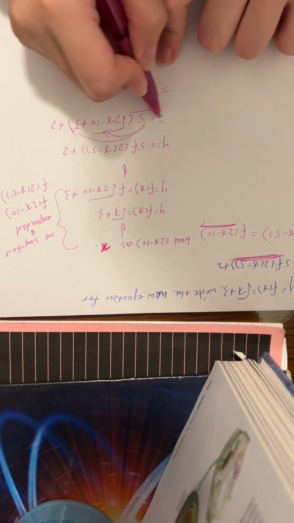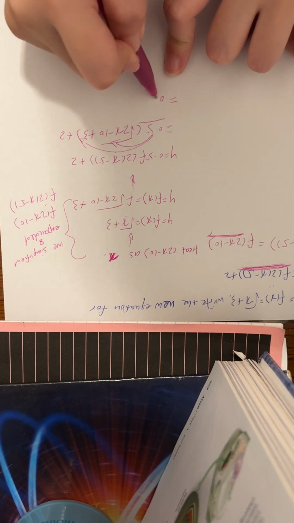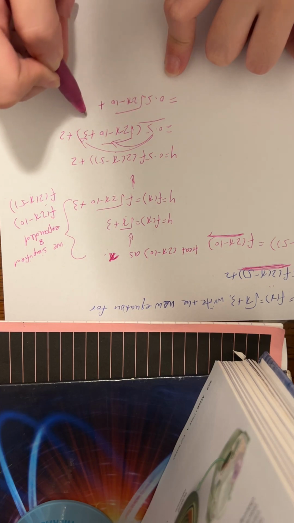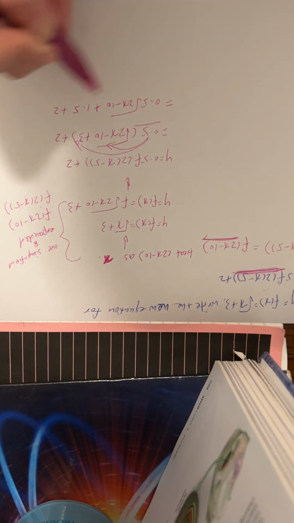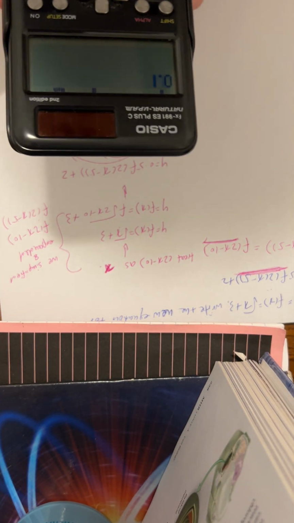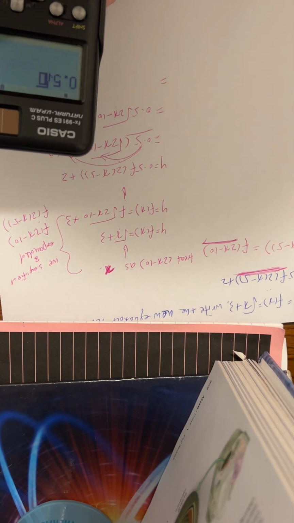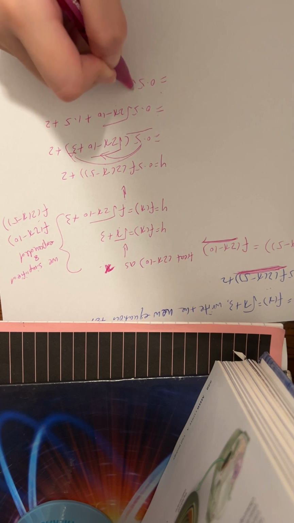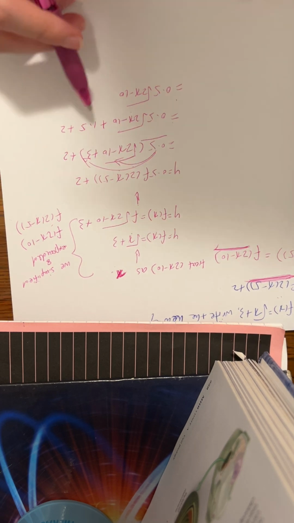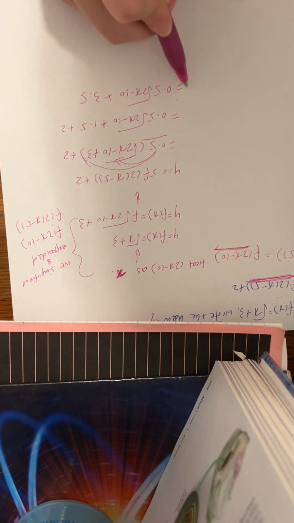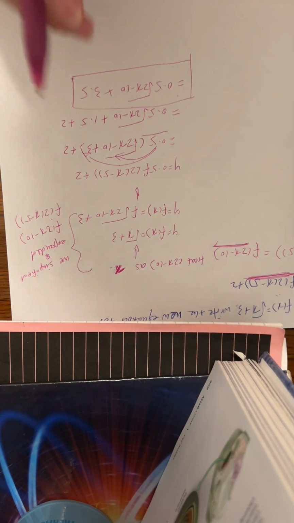Expand the brackets. 0.5 times the square root of 2x minus 10, plus 0.5 times 3 is 1.5, plus 2. Actually we can't simplify inside the root, there's an x. So it's 0.5 square root of 2x minus 10, plus 1.5 plus 2, which is plus 3.5. This is our final answer, the simplest thing we can reach in this question.